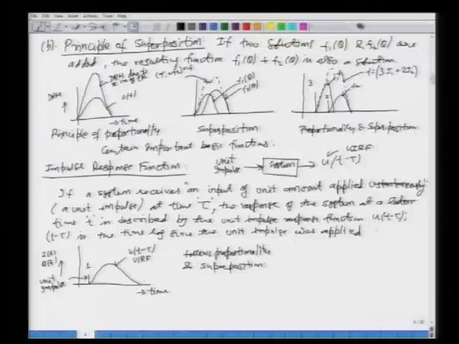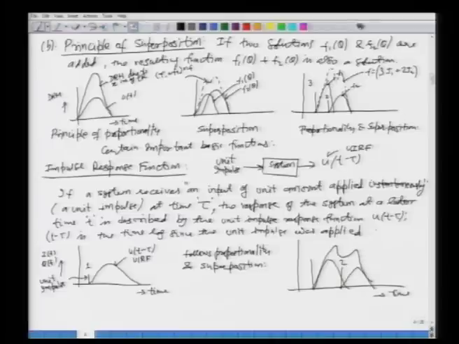So, you can do this: you have time here, let us say an impulse of 3 is occurring here, the response is this. An impulse of 2 is occurring here, the response is this. You can combine these two, it will look like this. So, this is your combined response, like we had done earlier.